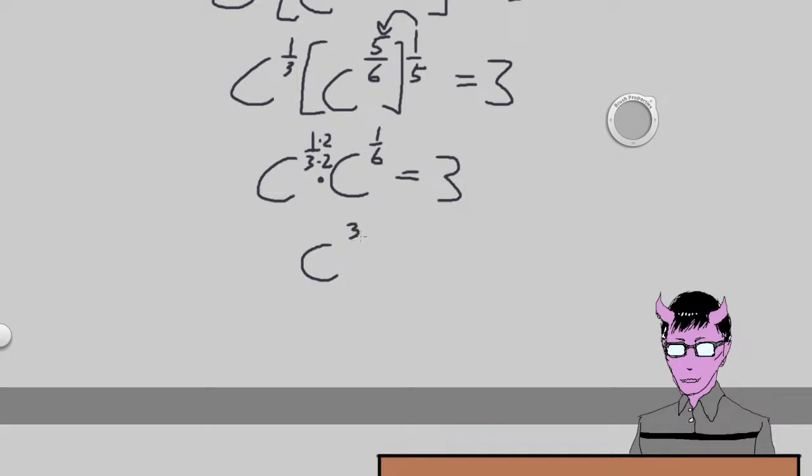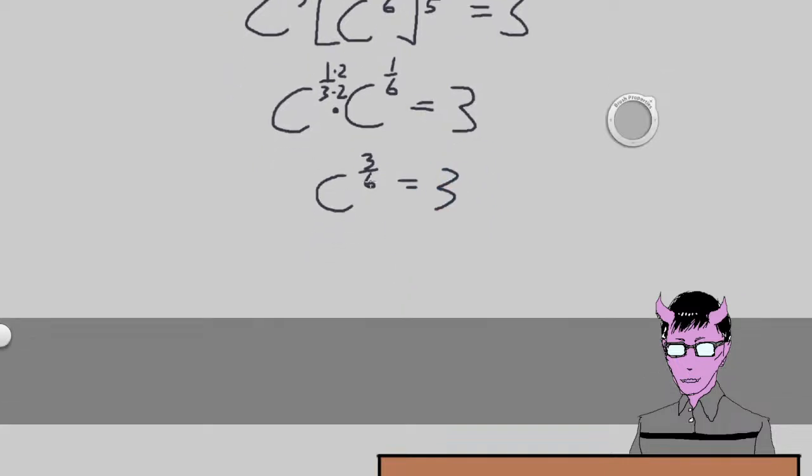Wait, is it that nice? I guess sometimes it just does end up being nice. So again, 1/3 plus 1/6 is going to be 2 plus 1 is 3, 3 over 6. Interesting. I didn't expect it to be this nice. So this is c to the power of 1/2 is equal to 3.